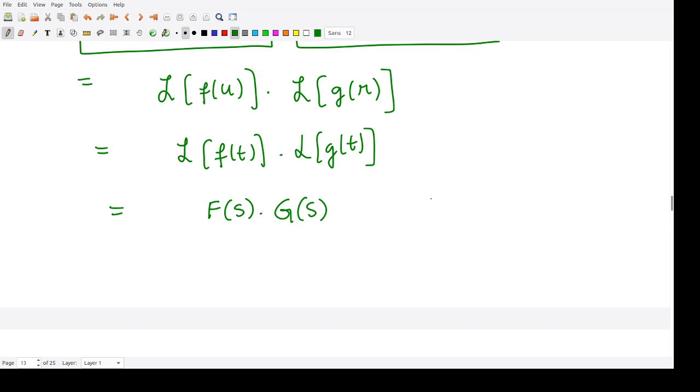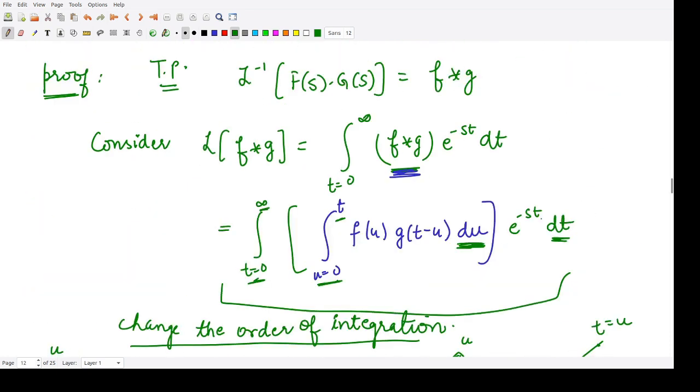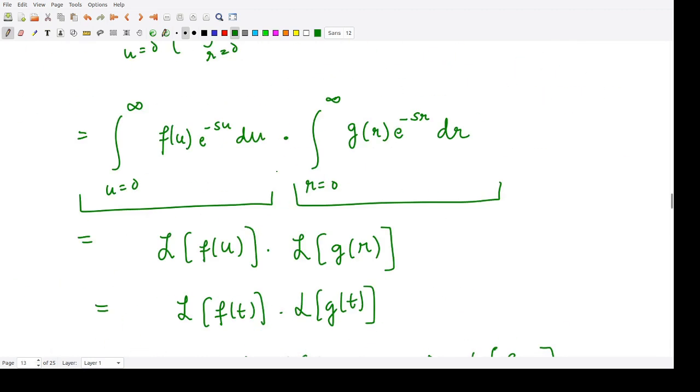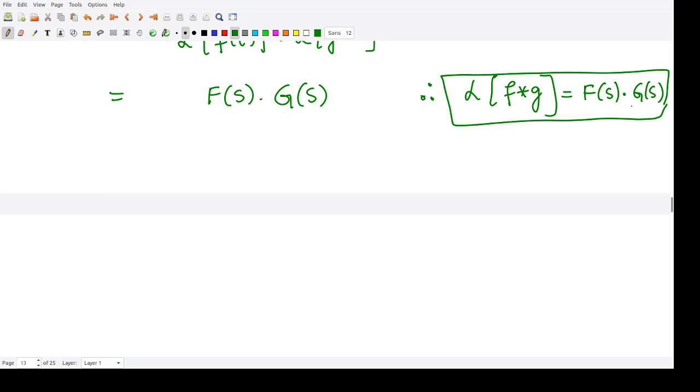So from here we got that the Laplace transform of f star g, the term we initially started with, comes out equal to the product of the Laplace transform of the first function multiplied by that of the second function. So this is the proof.